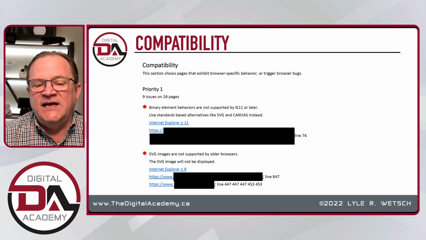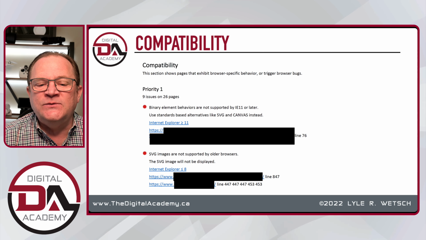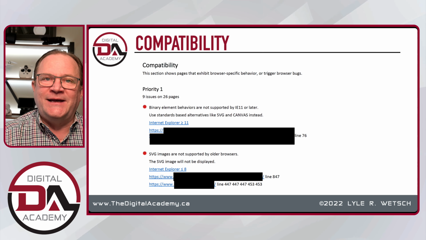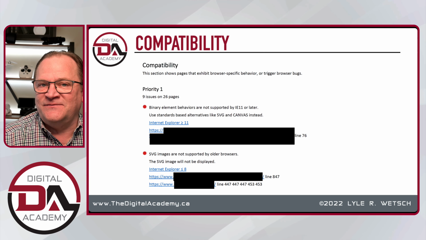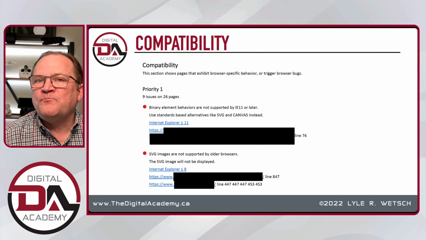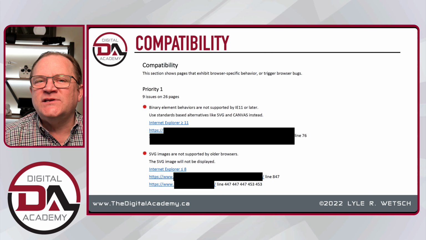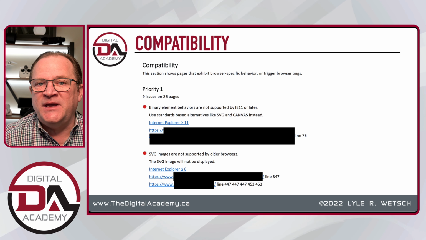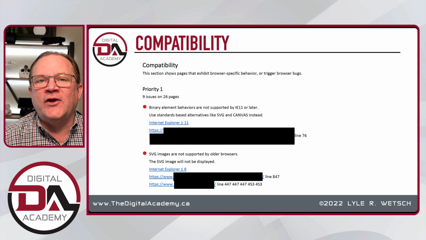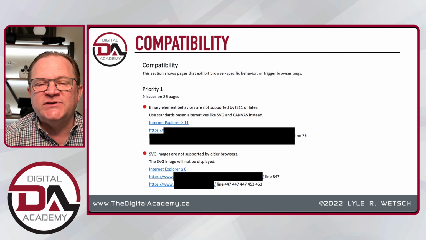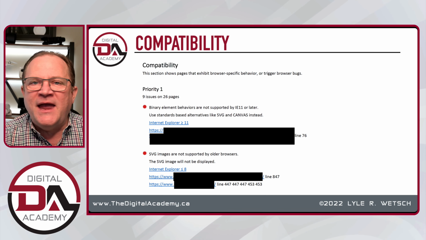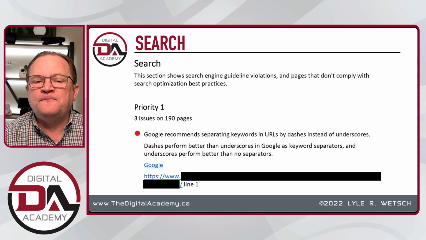So in this case, it's identifying that if somebody is using an older version of Internet Explorer, version 8 or earlier, they're not going to be able to view that data. Again, the red ones are ones that they identify as being problematic. The orange ones are going to be for perhaps versions of Internet Explorer that are really, really far back, that may or may not come up as being an issue.